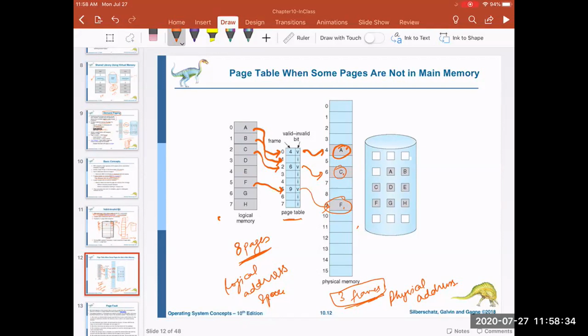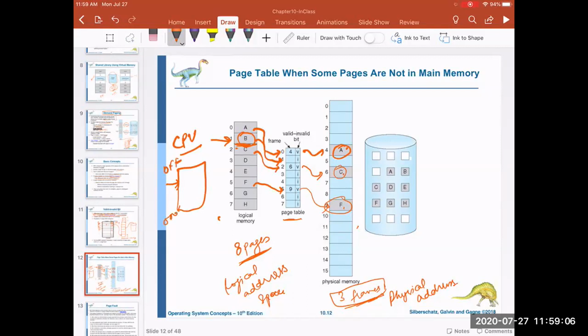Let us pose a situation when your CPU starts running something from page B. Now you should be able to visualize what it means. Whenever I say the CPU accesses page B, this is an address space and it tries to fetch some instructions from that particular logical address.